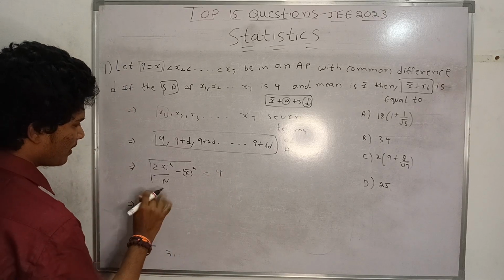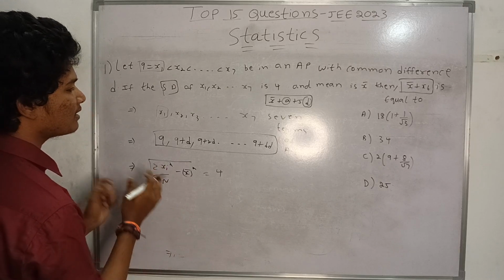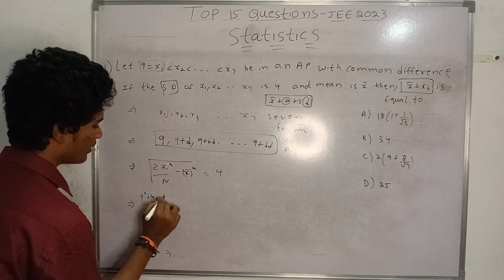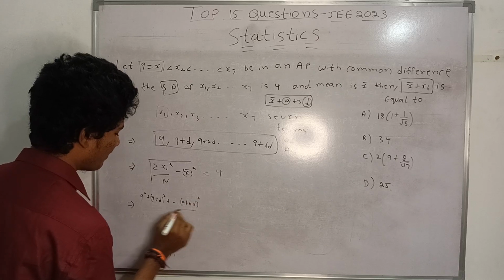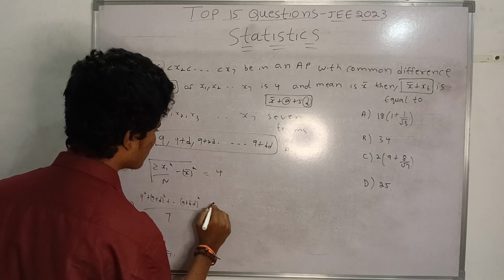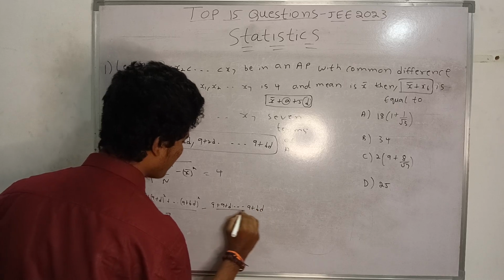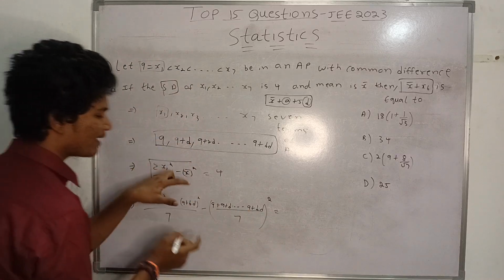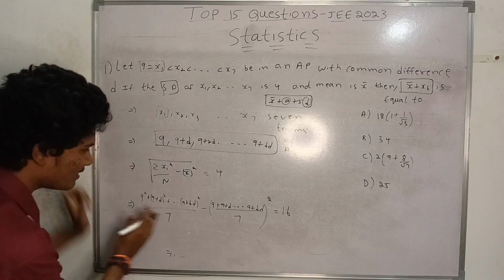So when I take the root to the right side, I get sigma xi square, the squares of all the terms, that is 9 square plus 9 plus d whole square, like that up to 9 plus 6d whole square, divided by the number of terms, which is 7, minus x bar, the summation of 9 plus d up to 9 plus 6d divided by 7, whole square, equal to 4 square, that is 16.